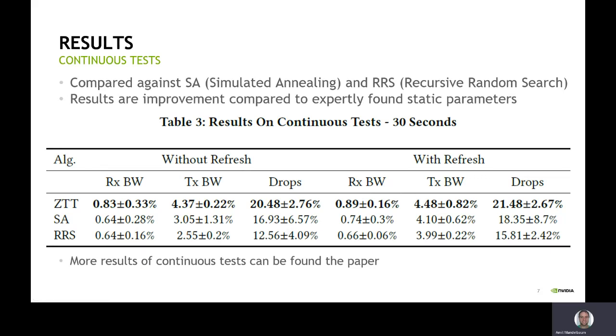What we can also see is that the refresh mechanism we showed previously is indeed improving results and making the algorithm faster and able to get better results. And this shows the importance of this mechanism for adapting to changing traffic patterns.